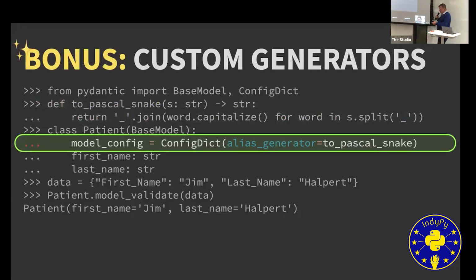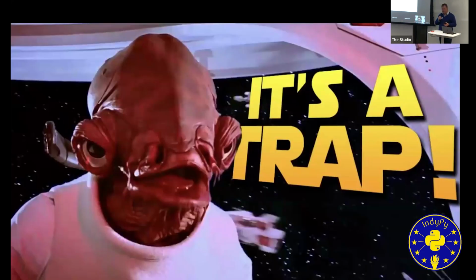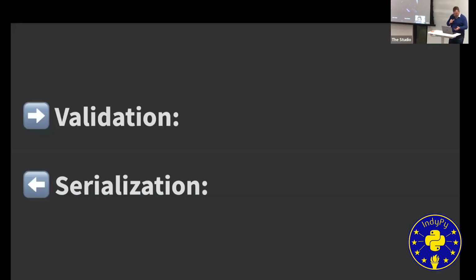So once the custom alias generator is ready to go, we can pass it into our alias generator. Now, aliases are awesome. We should definitely do more of them. But there are some gotchas to know about them.